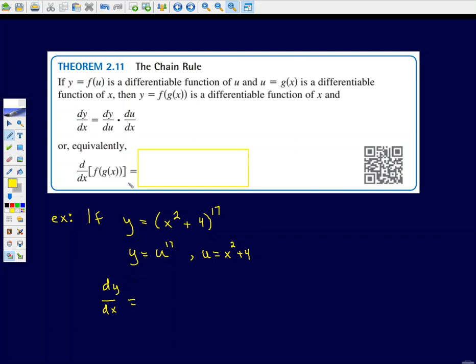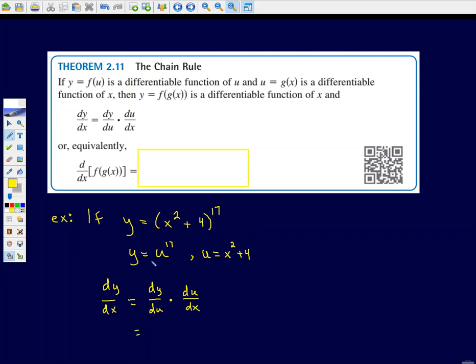And the chain rule says simply multiply the two derivatives: the derivative of this function, that's a function of u, times the derivative of u, which is a function of x. So it says take dy du, the derivative of y with respect to u, and multiply by the derivative of u with respect to x.